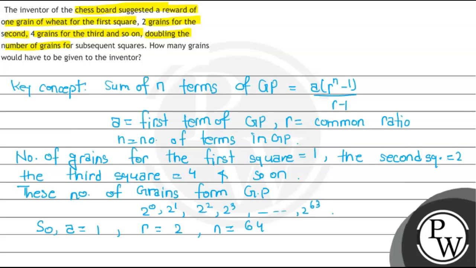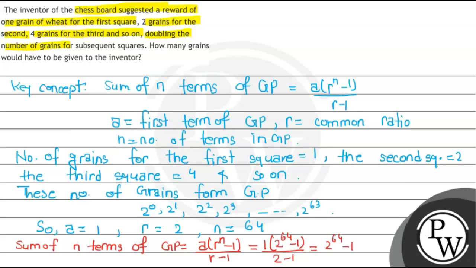So using the key concept, sum of n terms of GP is equal to a into r raised to the power n minus 1 divided by r minus 1, is equal to 1 into 2 raised to the power 64 minus 1 divided by 2 minus 1. So this is equal to 2 raised to the power 64 minus 1.